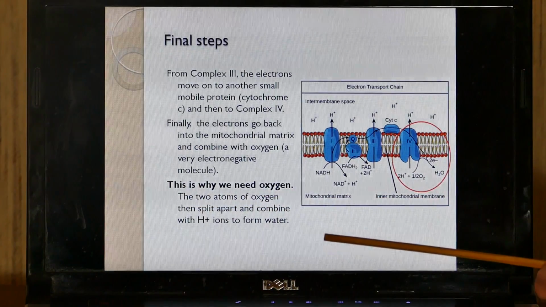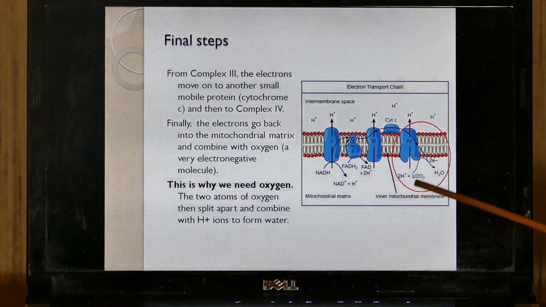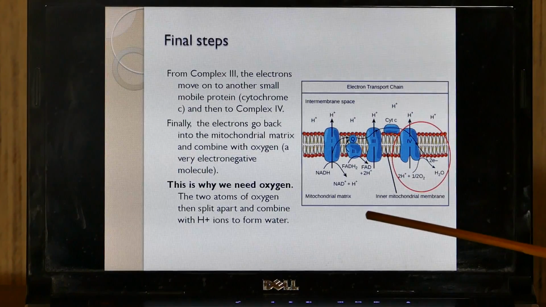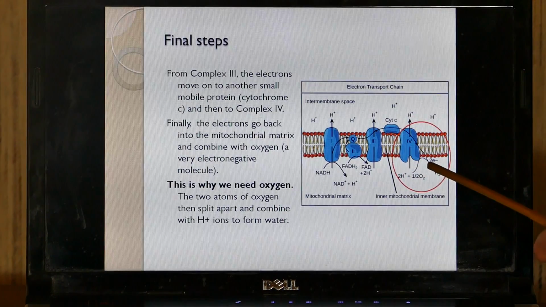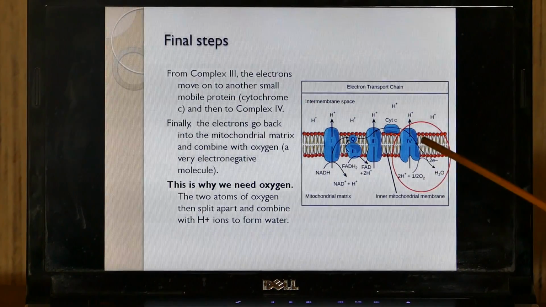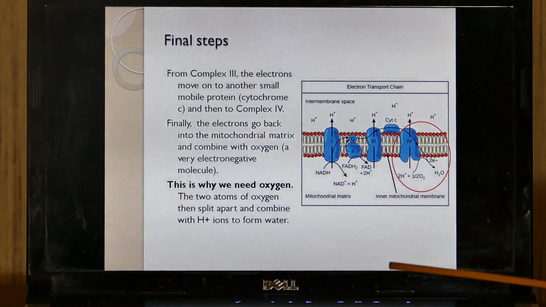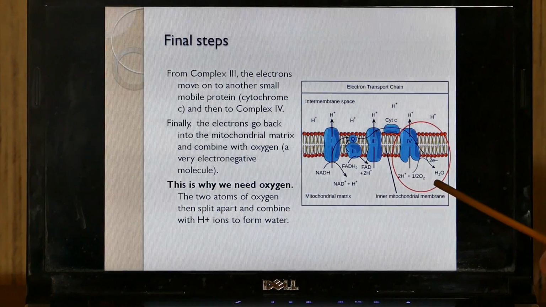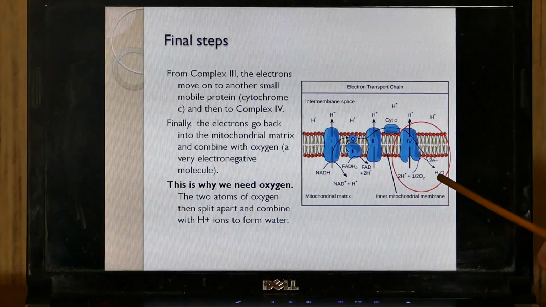The oxygen acts as the final electron acceptor of the entire OP process. When electrons fuse with oxygen, the oxygen molecule splits apart into two individual oxygen atoms. The oxygen atoms combine with hydrogen ions to form H2O, water.